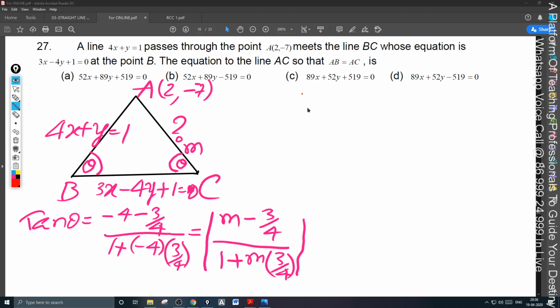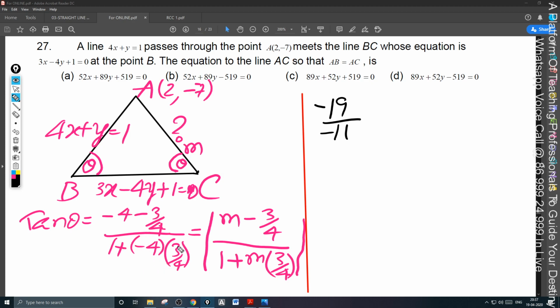Okay. Now let us simplify this. This is minus 19 by 4, by minus 11. Correct now?